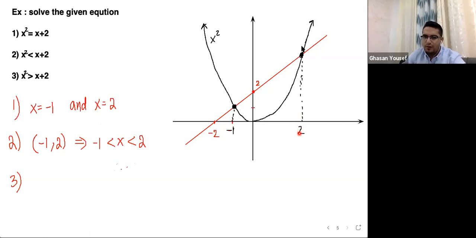All values greater than 2, the black curve is above the red curve. So the solution is from minus infinity to minus 1 and from 2 to infinity.